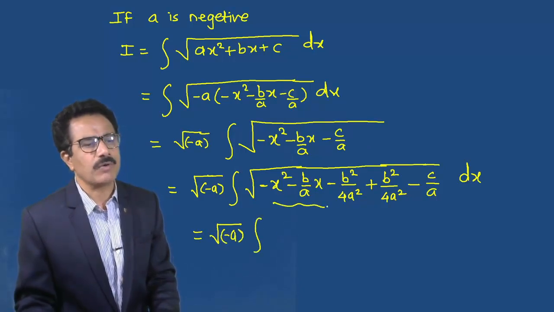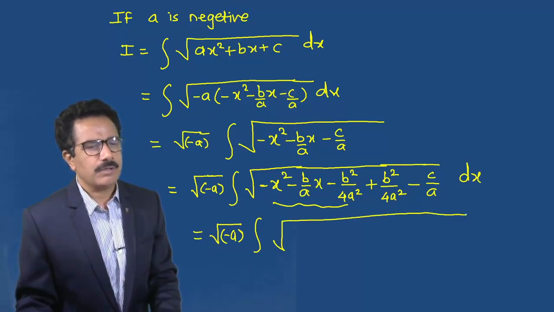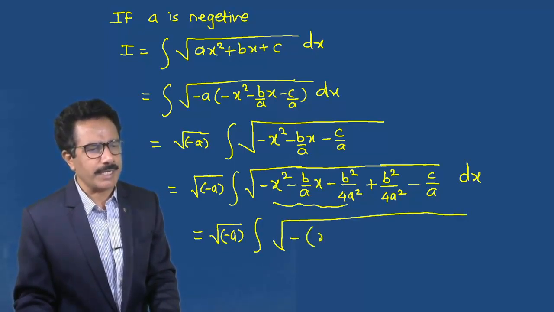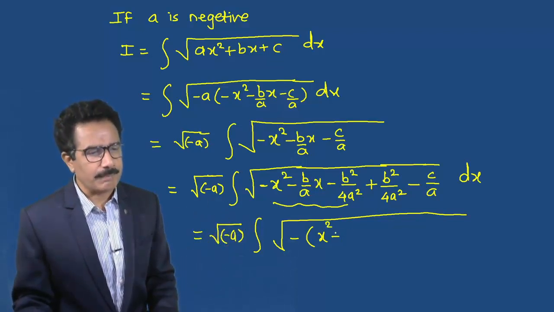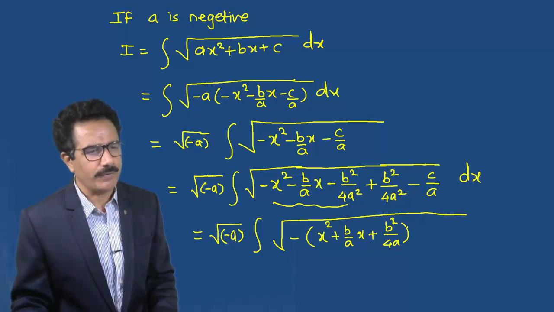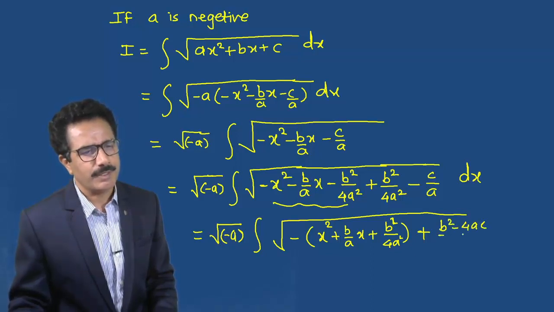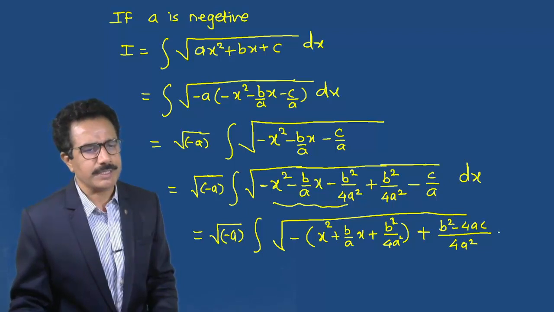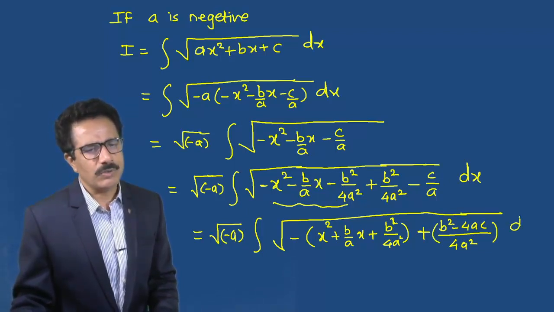So we can write root of minus a integration of, you can take the common here, root of minus in a bracket x square plus b by a into x plus b by 4a bracket square, b square divided by 4a square plus b square minus 4ac upon 4a square, this is the LCM, into dx.